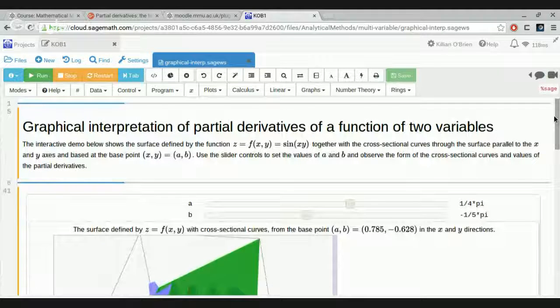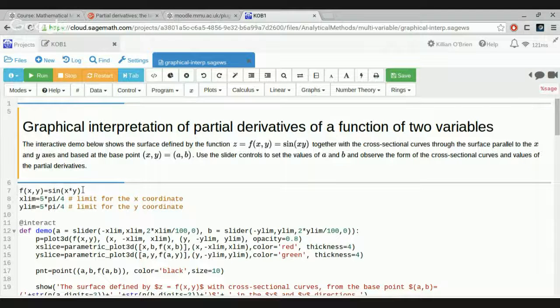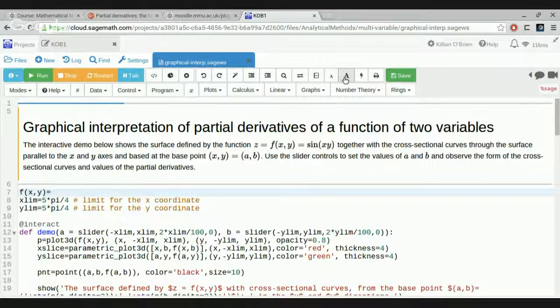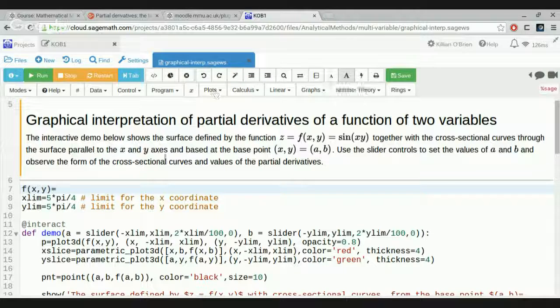Let's just see if we can confirm the example we just worked on, example 1.5. We should just be able to go in and change the definition of the function up here, so rather than sine of x times y, this is x squared times y plus 2 times y squared plus x plus 1.